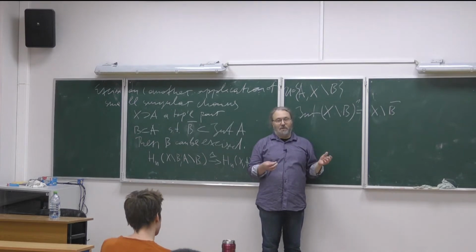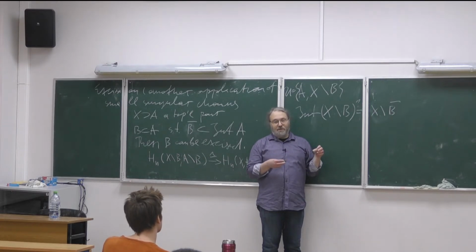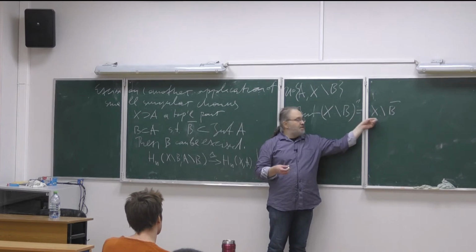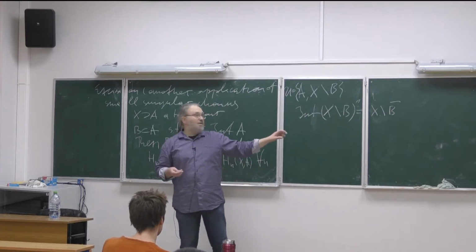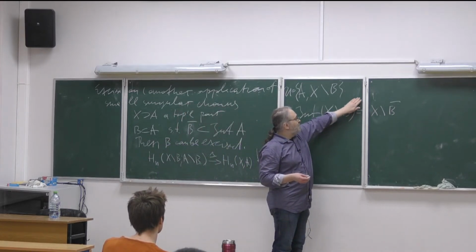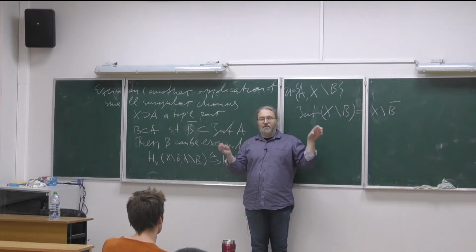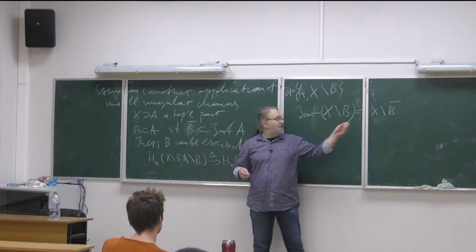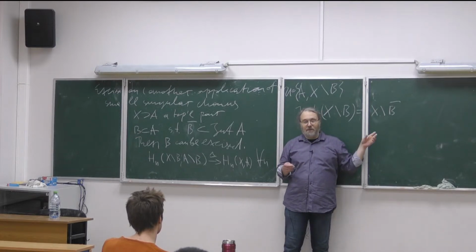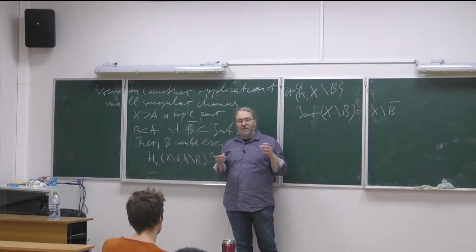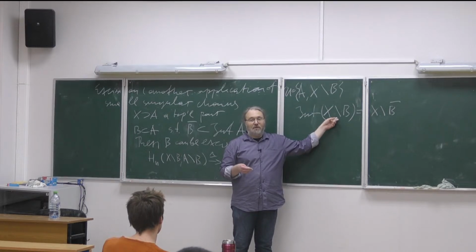What's the complement? Well, the complement is the smallest closed subset which contains B, and this is what the formula says. Basically, my claim is this is just the definition of the closure. The closure B bar is the intersection of all closed subsets which contain B. And the interior is the union of all open subsets which are contained in X minus B.